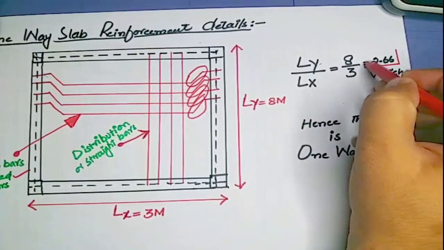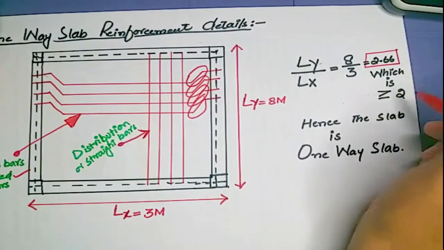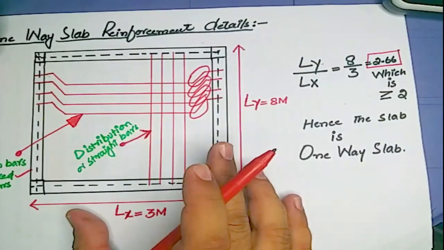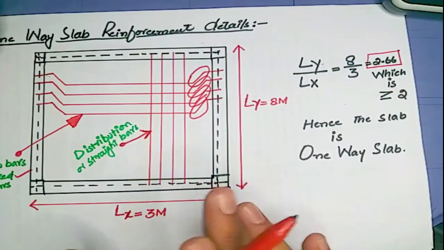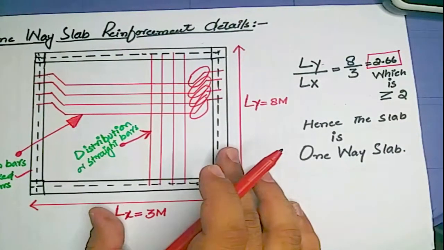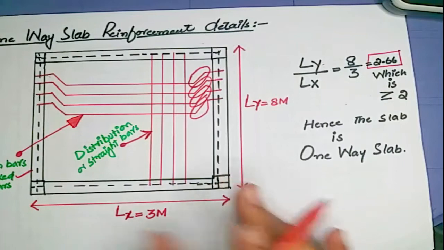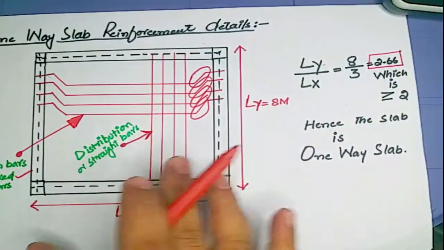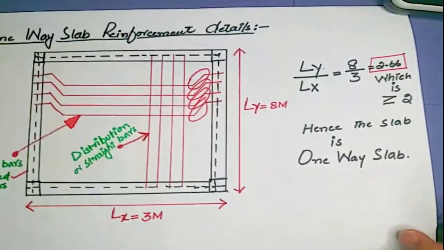This value is greater than 2. Hence we know that this slab is a one-way slab, because the ratio between its longer and shorter sides is greater than 2.